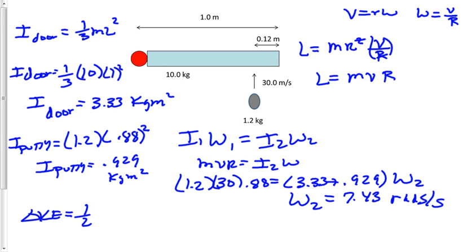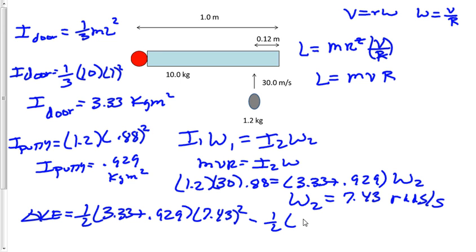So we'll go 1/2 I, which again is 3.33 plus 0.929, multiplied by omega squared, 7.43 squared, minus 1/2 mass times velocity squared, so 1.2 times 30 squared. And we get negative 422 joules. Since the kinetic energy difference is not equal to 0, we actually lost kinetic energy, so this must be an inelastic collision.